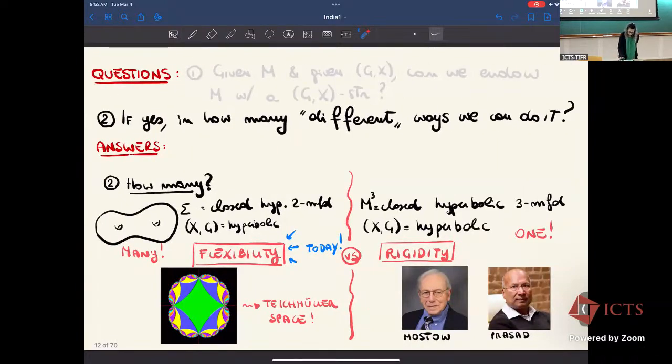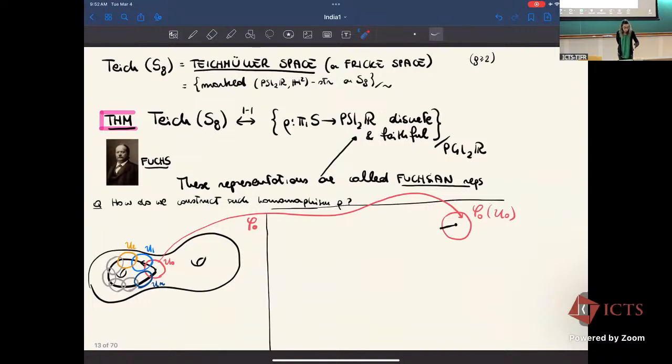Okay, so this is what we mentioned before, that Teichmüller space defined as marked hyperbolic structures really corresponds to Fuchsian representations, so discrete and faithful representations. And how to do that?